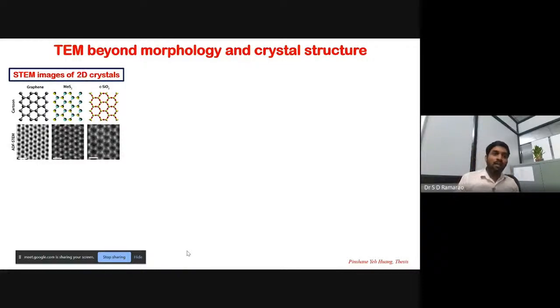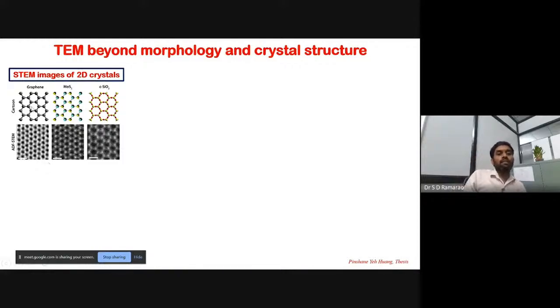As I mentioned, I'm going to focus more on 2D materials, especially graphene and chalcogenides, which are getting main attention in electronic devices. Here STEM is not a different technique. It is also TEM, that is scanning transmission electron microscope.